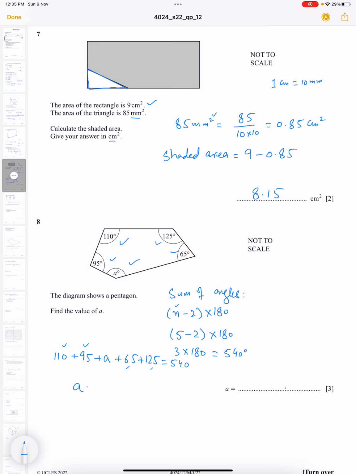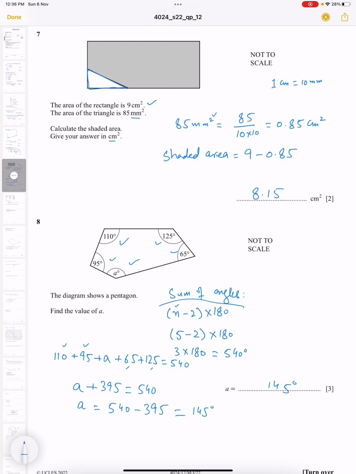So A plus 395 is equal to 540. 395 will be subtracted: 540 minus 395. You know that 540 minus 400 is 140, plus 5 more, so that will give us 145 degrees. So A is 145 degrees, right?